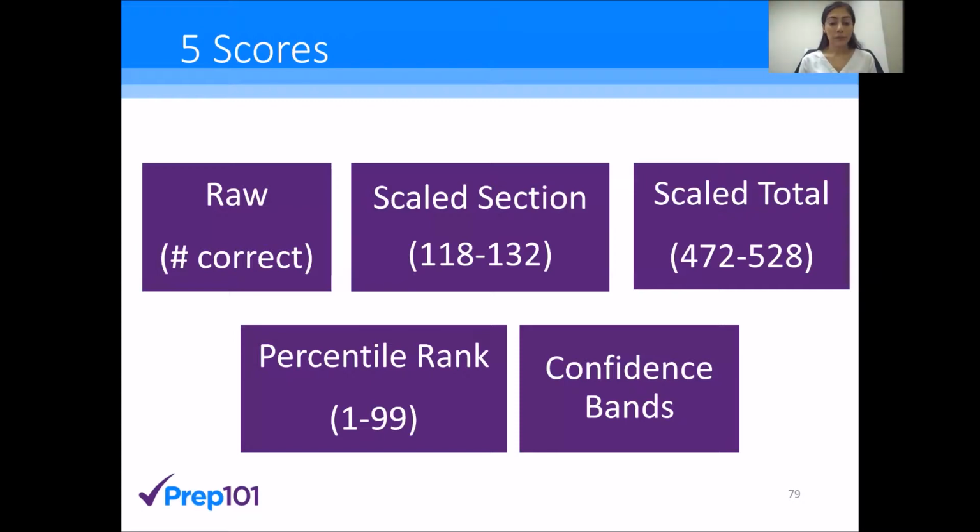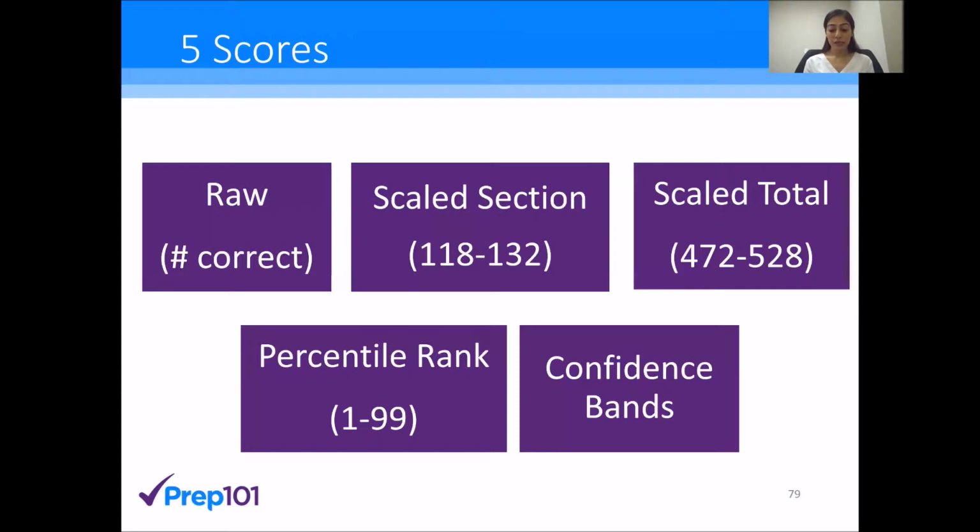Okay, now, what you also have to know here is that there are many different versions of the MCAT. So just because you write on July 15th and I write on July 15th doesn't mean that we've necessarily written the same version of the exam. There are multiple versions of the exam.